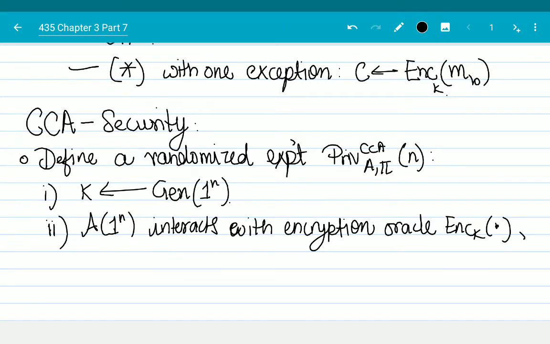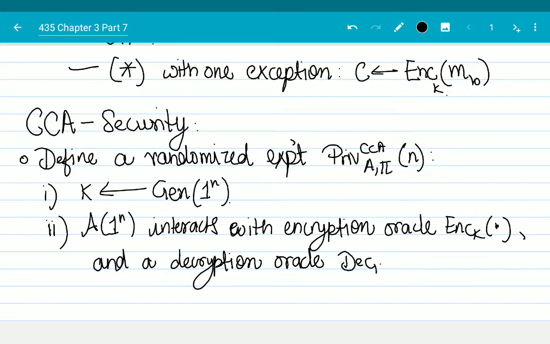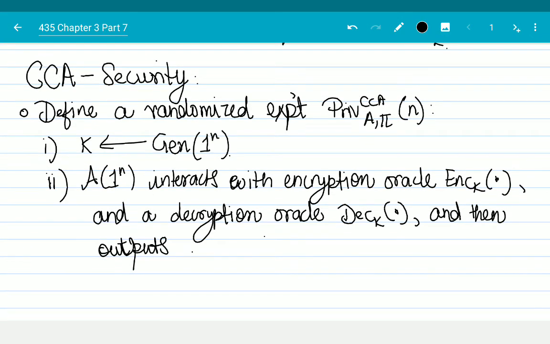However, it's no longer just the encryption oracle, but also a decryption oracle Dec_k(·), and then A outputs M0, M1 of the same length.